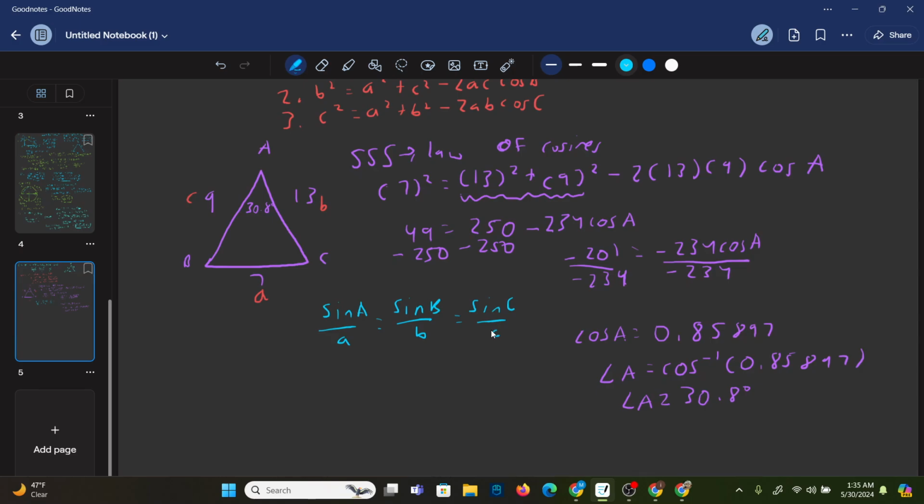We have angle A and we have little a, so we would definitely use this one. But we can choose to use either this one or this one. So I'm just going to choose to use this one. So sine of angle A, which is 30.8, over little a, which is 7, equals sine B, which we don't know, over little b, which is 13.